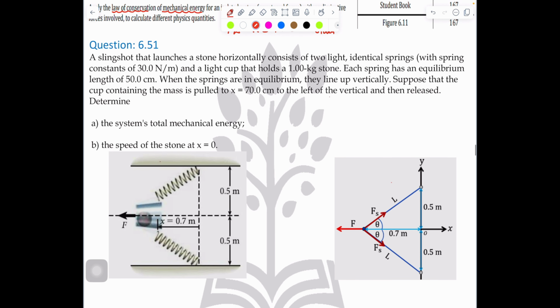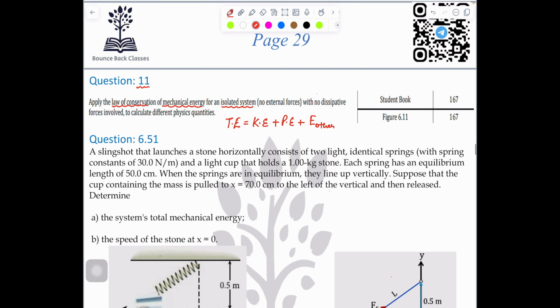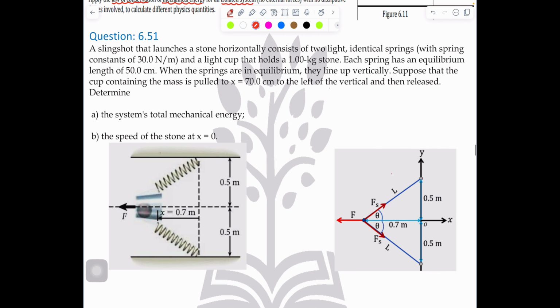Okay, now let's have a look. In terms of springs, I will explain a few things. A slingshot that launches a stone horizontally, this is the keyword, horizontally, consists of two, another keyword because there are two springs instead of one, light identical springs.